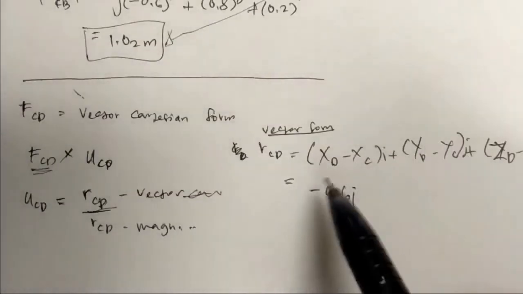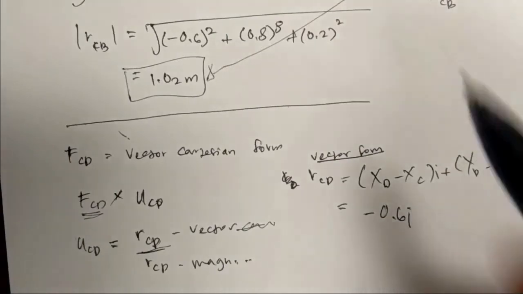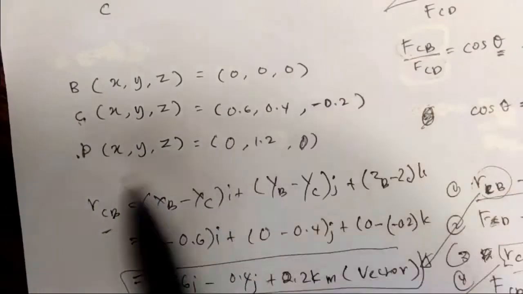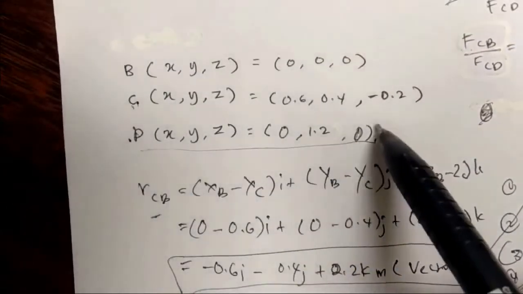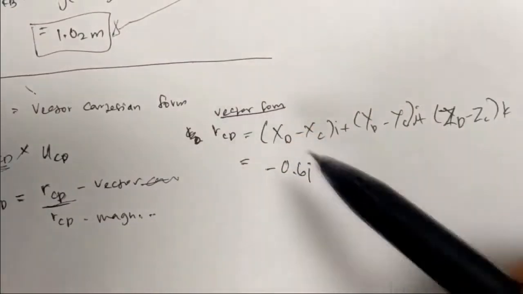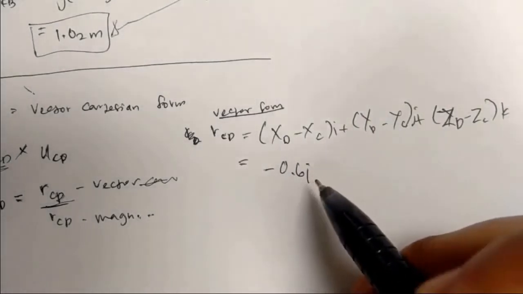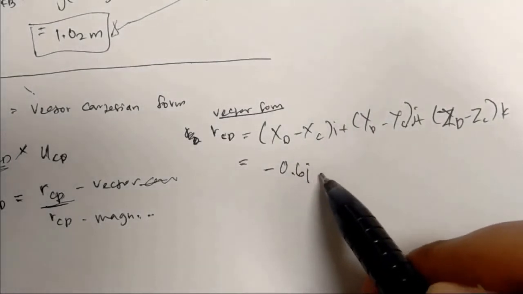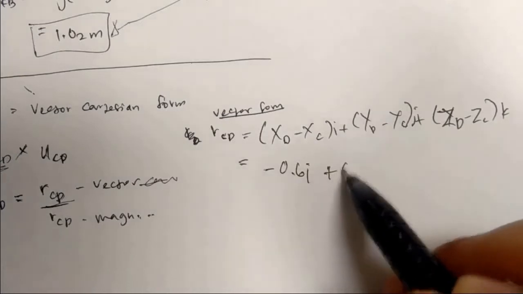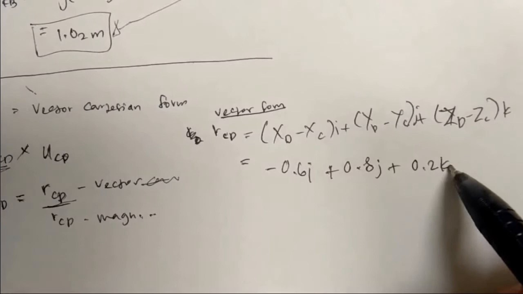Okay, the coordinates for D and C you already know, so you already defined them here. So just substitute and you will get the Cartesian vector form for RCD equal to negative 0.6i plus 0.8j plus 0.2k.